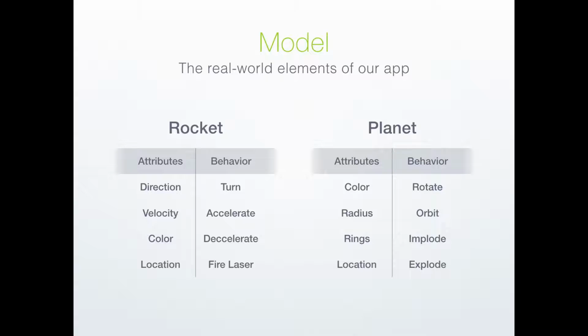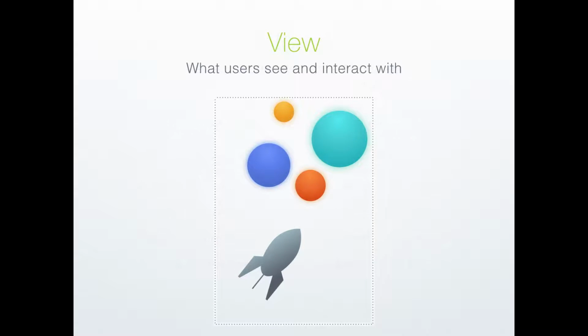But then for our planet, we'd have a similar set of things: color, radius, rings, location, all attributes, and behavior: rotate, orbit, implode, explode. So there are these things, and this would fit inside our model, and that's the model in model view controller.